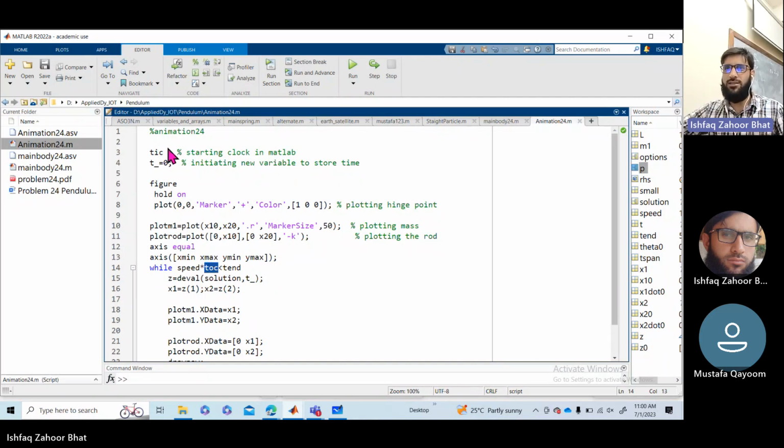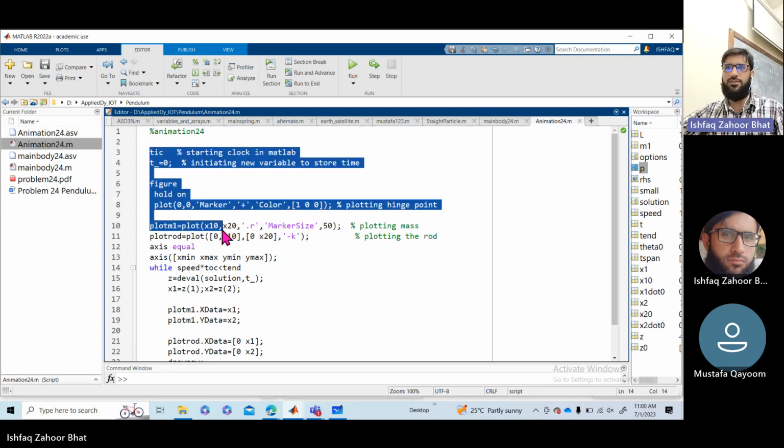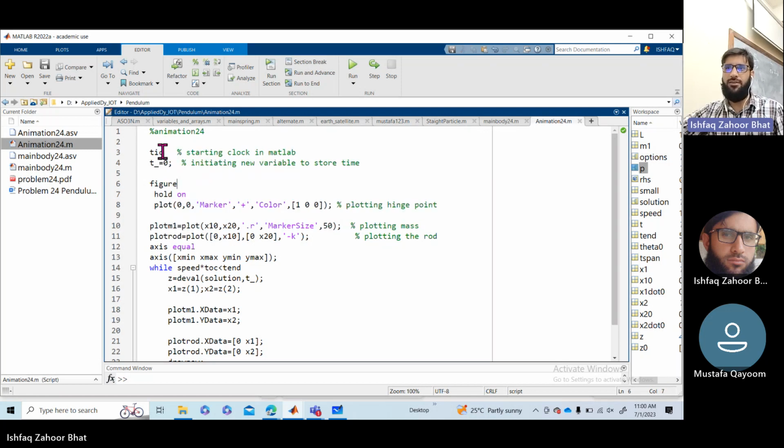For example, at tic the stopwatch starts, and toc calculates how much time has elapsed since tic. The code is running, it takes some time, and similarly this toc value keeps on increasing. So basically this toc reads the time.